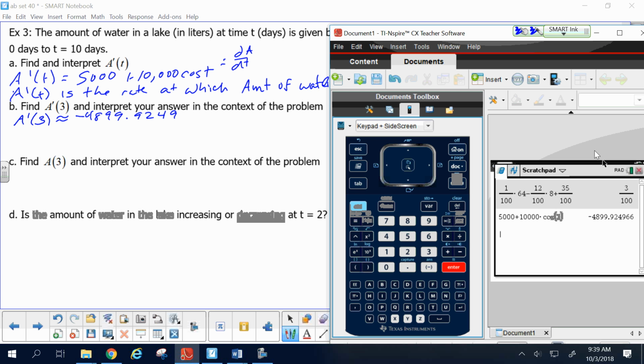When you're interpreting the answer, it's not like the previous interpretation. That's the interpretation of just general A prime. You're interpreting that number. And so your answer here should be an explanation. Start with the time. At time equal 3. What are the units on 3? Anytime you throw a number in there, you should have units on it. Time equal 3 days.